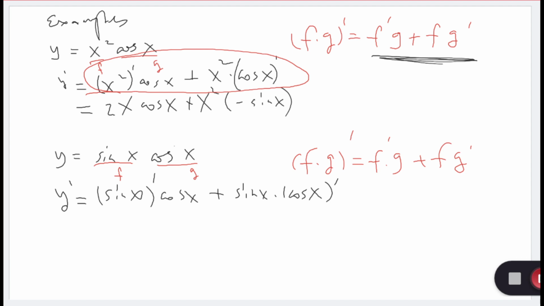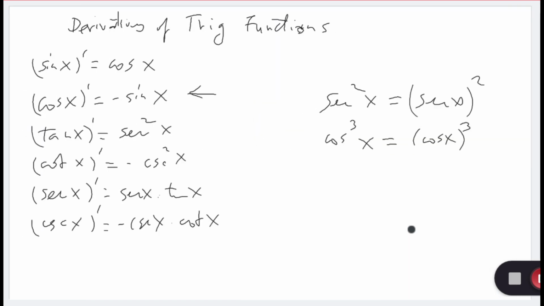All right, so we set up our result according to exactly the rule, f prime times g plus f times g prime, like this, and continue to finish all the differentiation. So the derivative of sine, well, it's another formula we are learning.